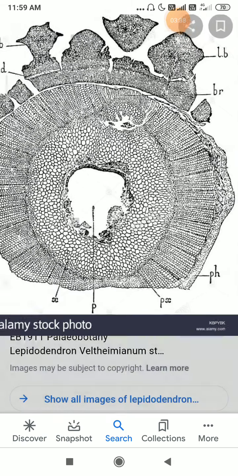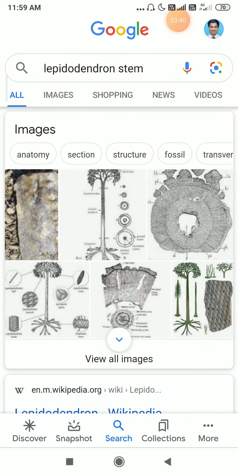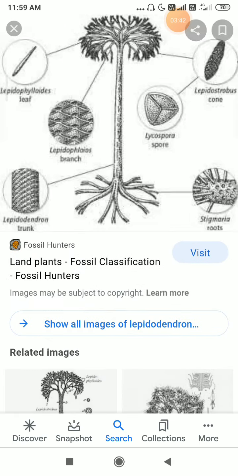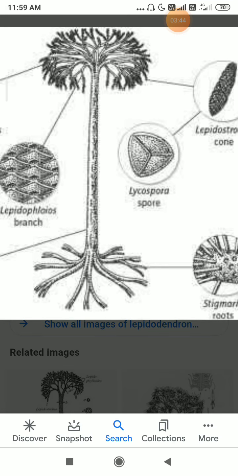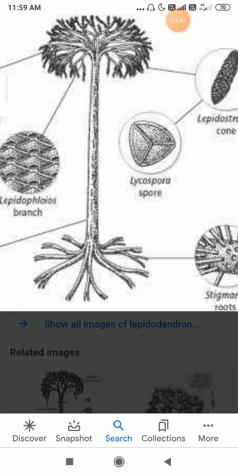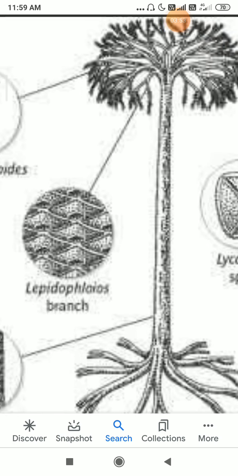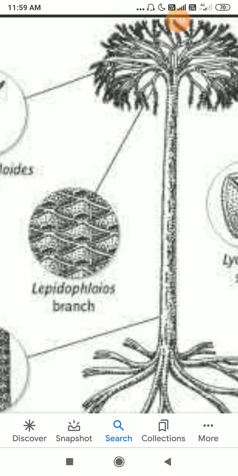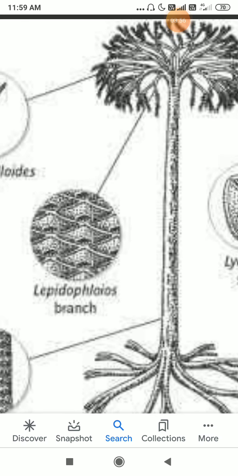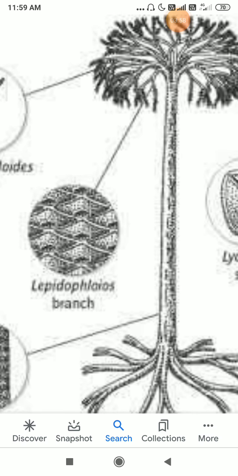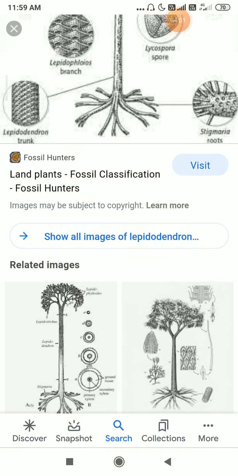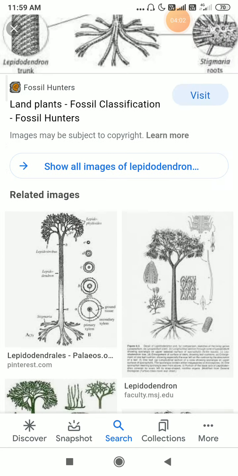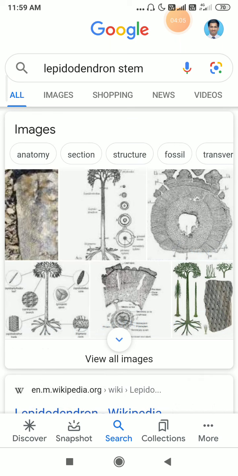You can find the leaf traces present outside. The secretory zone is made up of small cells filled with dark colored substances. The middle cortex consists of delicate structure.